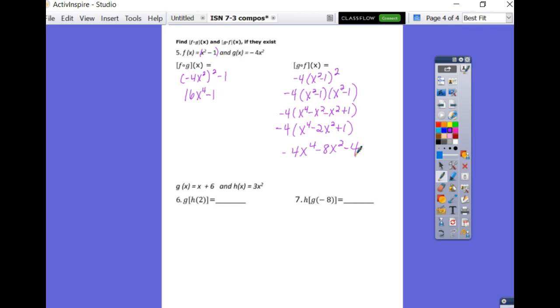And so I heard somebody ask where I got these numbers. So what I took x times x, and I got x to the fourth. And then I took x squared times minus 1, and that gives me minus x squared. And I multiplied this and got minus x squared, and then plus 1.